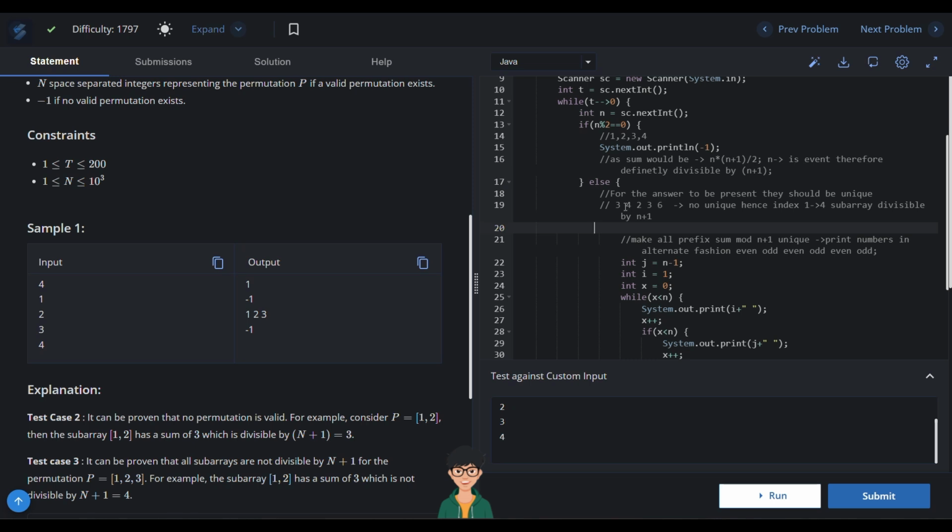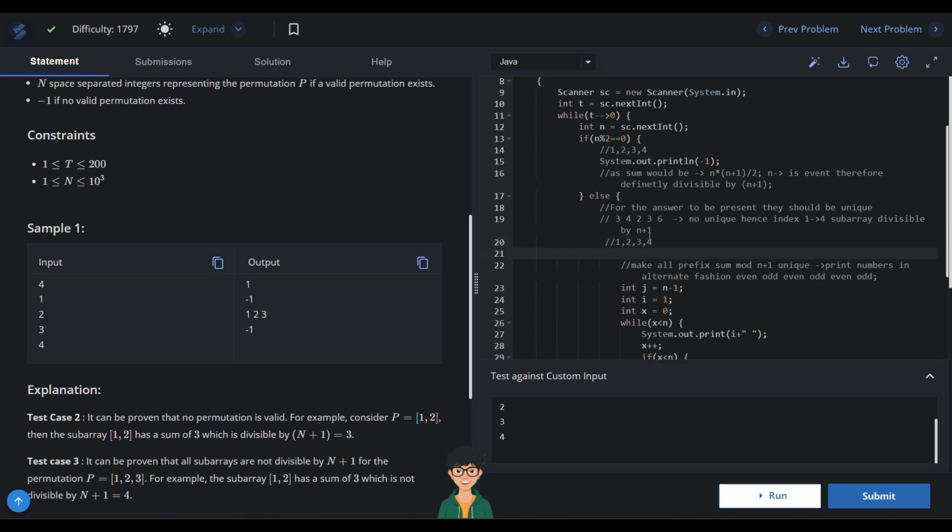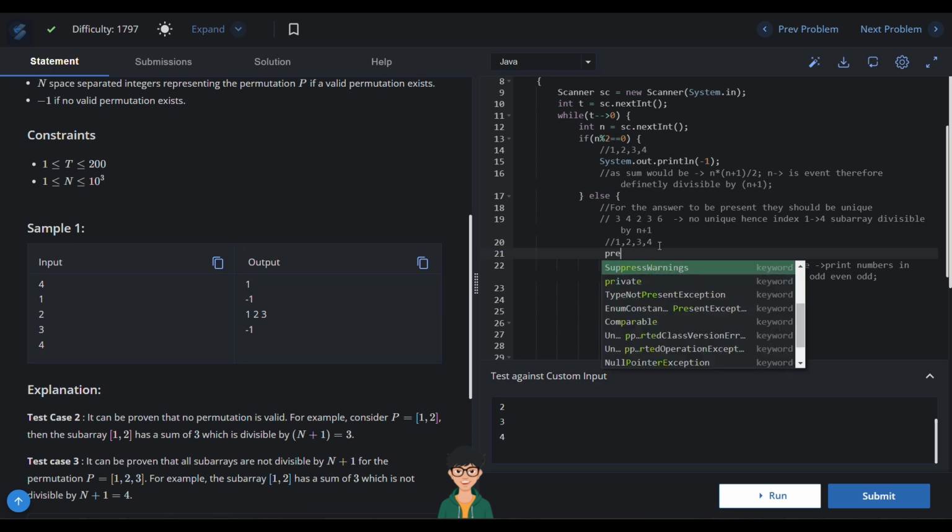Let's see. Let's say you have an array 1 2 3 and 4. Now you just do the prefix sum mod n plus 1. N plus 1 is 5.